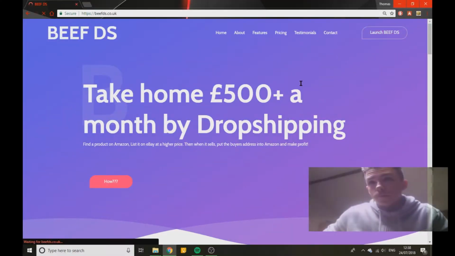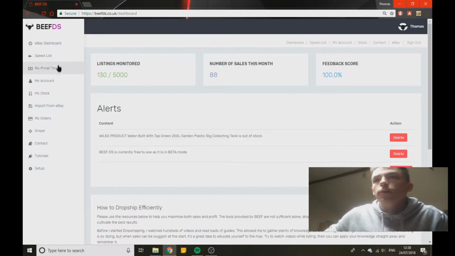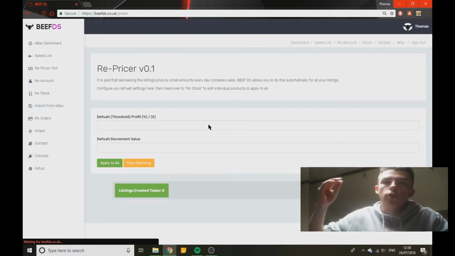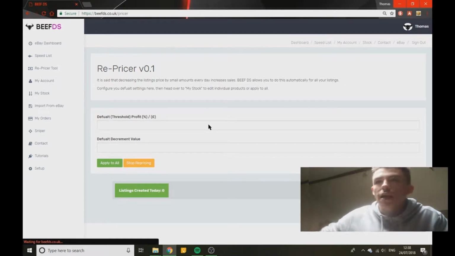If we go in and launch, we can see we have the repricer tool, which we can go on, and we can apply a minimum threshold profit, either a percentage or an actual currency value, for example 10% or £10, and a default decrement value, which is the value that each listing is going to decrease by every single day.